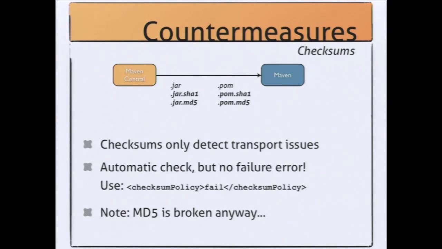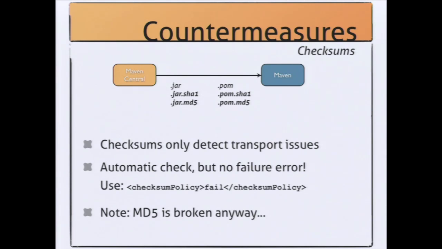But the problem with checksums is the only input for calculating a checksum is the actual artifact. And if you control, as a hacker, the artifact, if you can replace that, well, then you can just as easily replace the checksum that goes with the artifact. You just calculate a new one and offer that one.